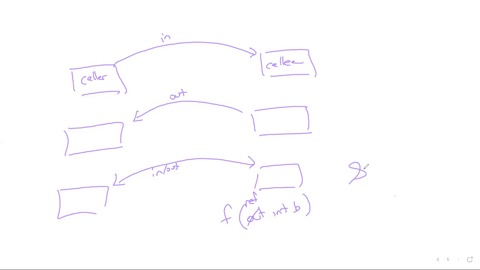And that's the three semantic models that we actually deal with. Now, there are two ways of passing parameters. You could pass a copy of the parameter, or you could pass a path to the parameter. We can implement these models using each of these different ways of passing parameters.